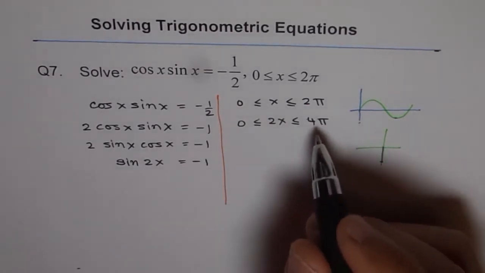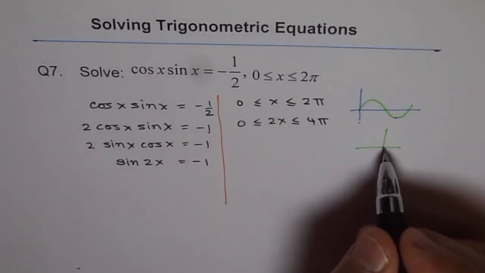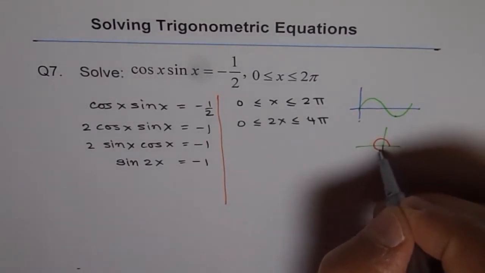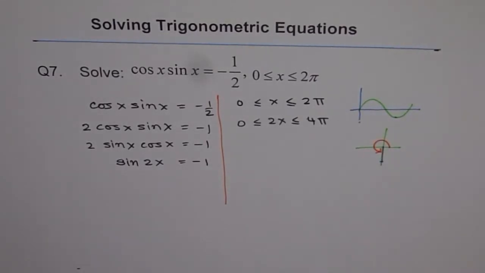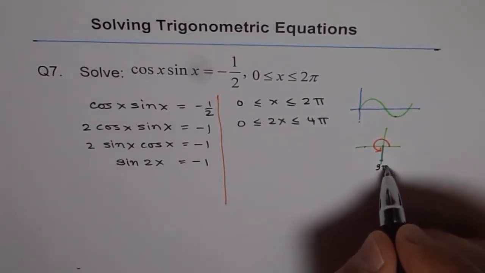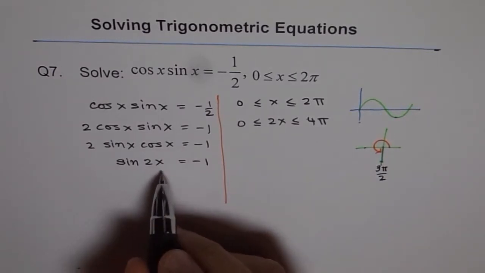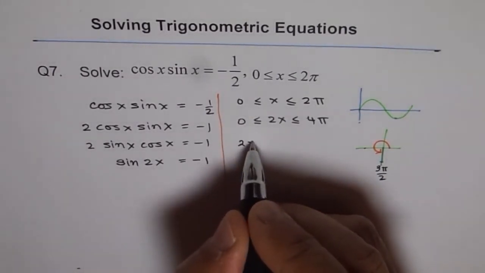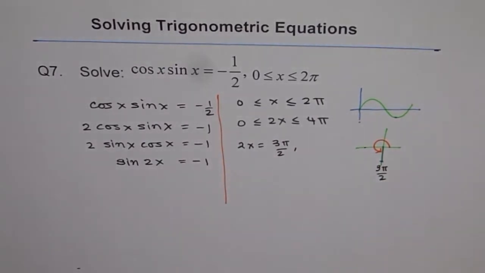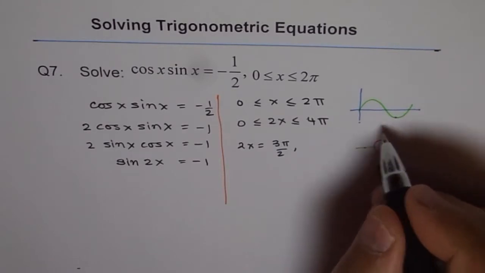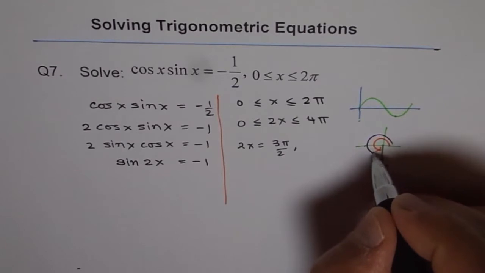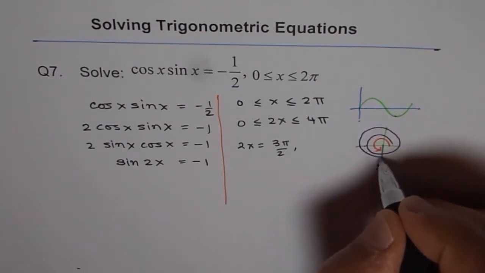And therefore the answer we are looking for is not just this, which is 3 pi by 2. So now 2x is equal to 3 pi by 2 or one additional circle, right? Because it is from 0 to 4 pi, the other answer is like going around like this and then coming back like this, correct?